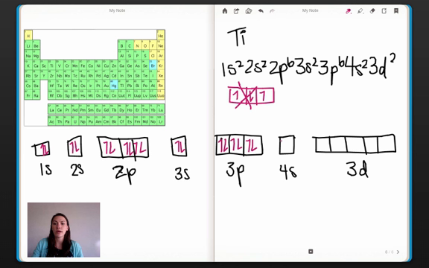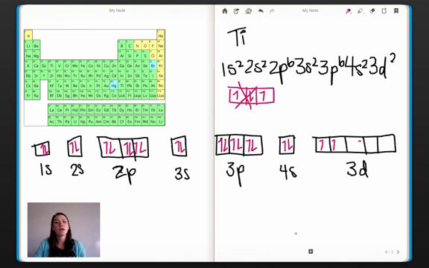So let's fill in my 4s, one up, one down, and then my 3d, I only have 2 electrons, so I'll put one in the first box and one in the second box. You never want to start over here. It's fine if you have some extra ones, but you want to fill your first 2 boxes, put one in each box first before you double them up. And you don't want to start out with an empty orbital. Fill those first orbitals first, okay?